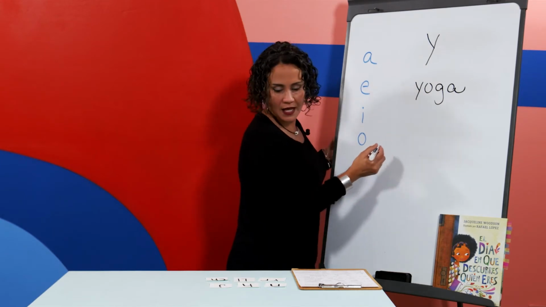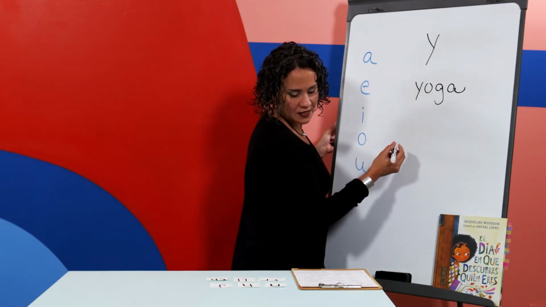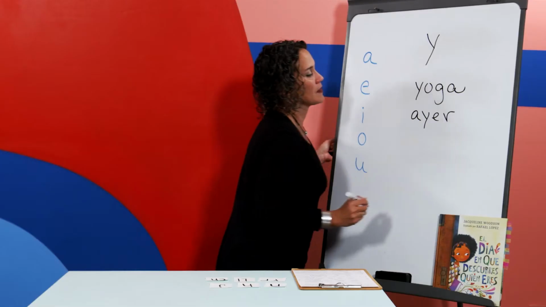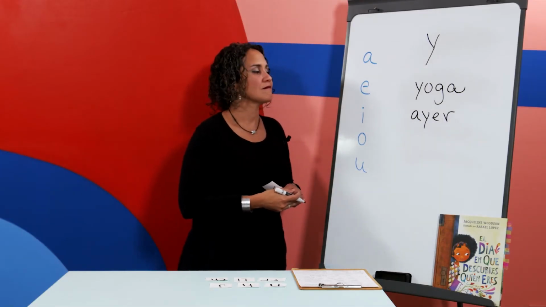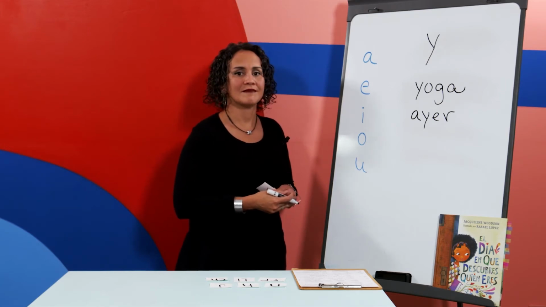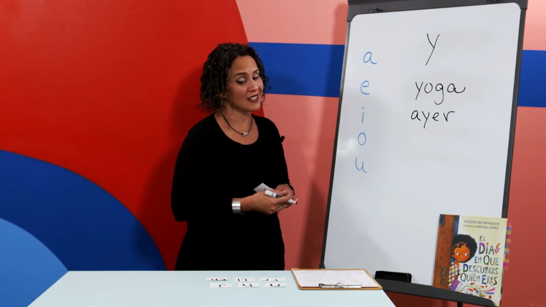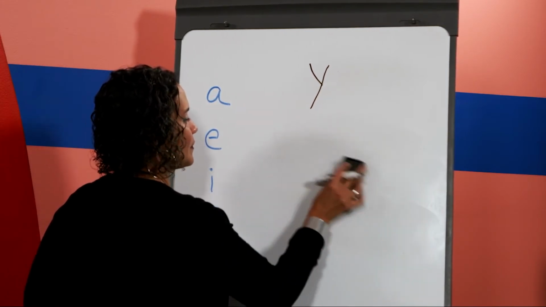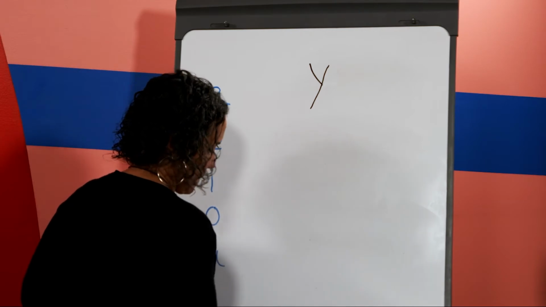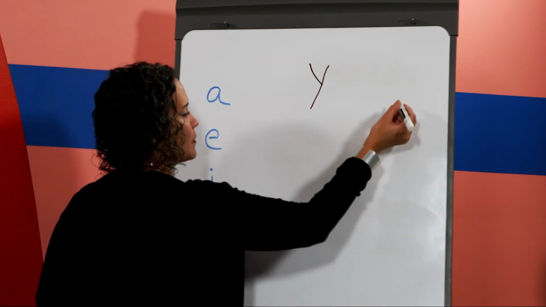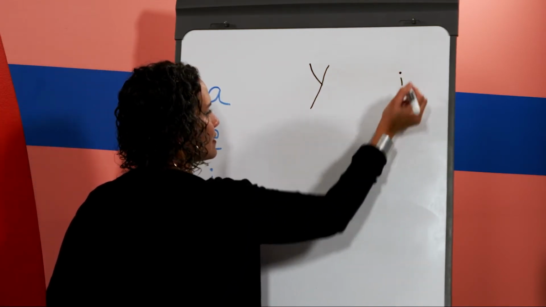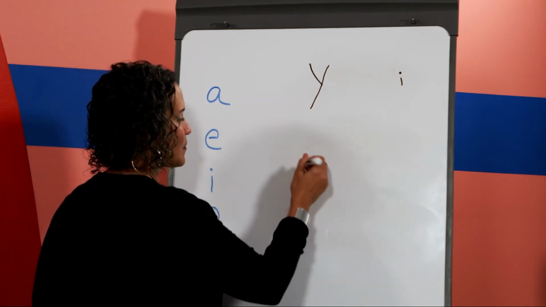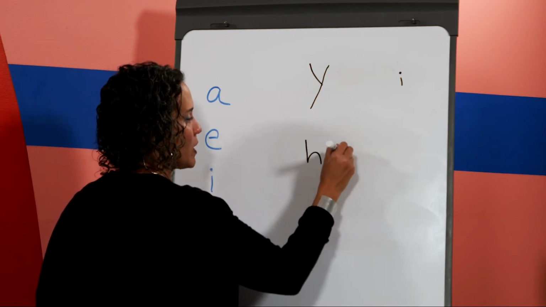All right, and then let's see. This word is in the book. Ayer. Ayer. Now, sometimes it sounds like an I. And when I say I, it's going to be like this one, right? In Spanish. I'll show you this. Hoy.